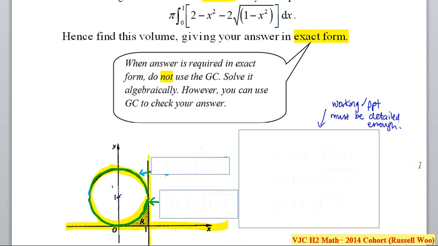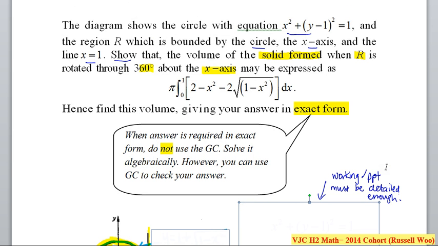We want to recall volume, and it is rotated about the x-axis. So recall that volume V is integrate pi y squared dx.